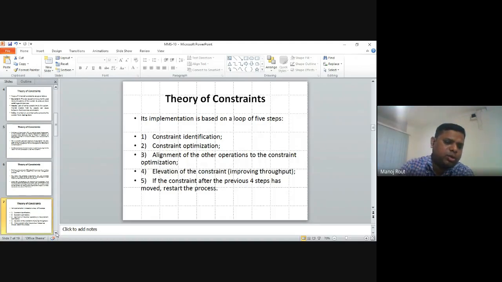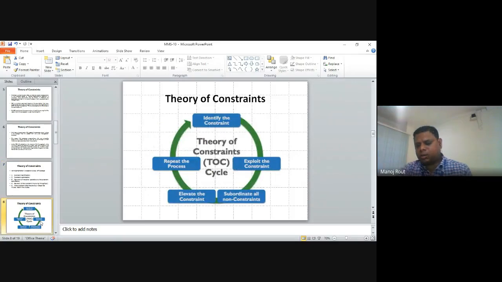Here is the example. In the theory of constraints, as you know, there are two types of constraints. You first have to identify which is an internal constraint and which is an external constraint, because that constraint directly affects your outcomes. Then exploit the constraint, whether it is repairable, or, in the case of a person, provide more counseling on how to work, how to handle the machine, and how to use the tool.